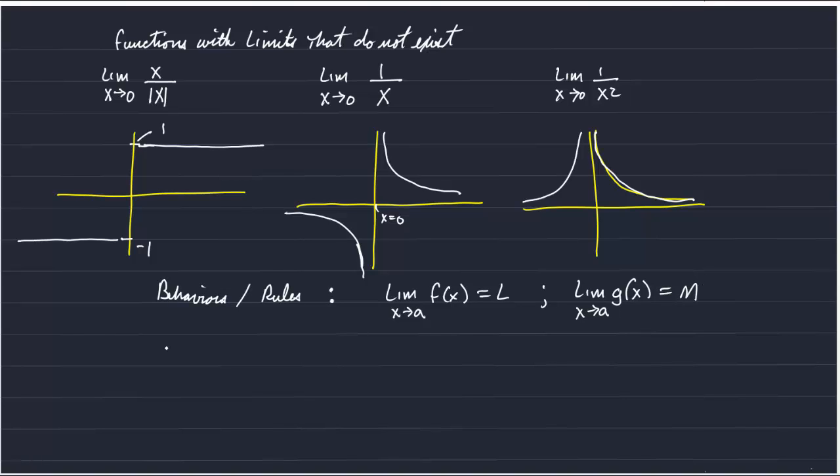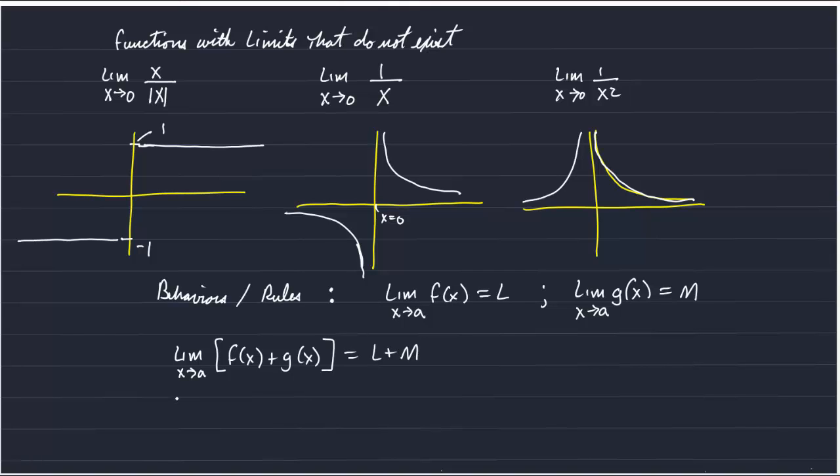So the first rule of limits is that the limit of f of x plus g of x is simply equal to the sum of the two limits, L plus m.